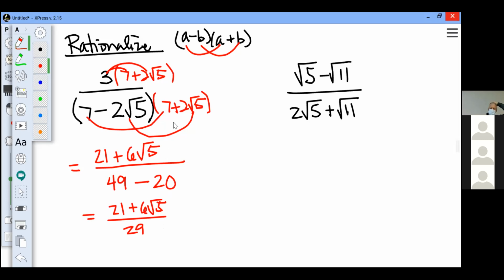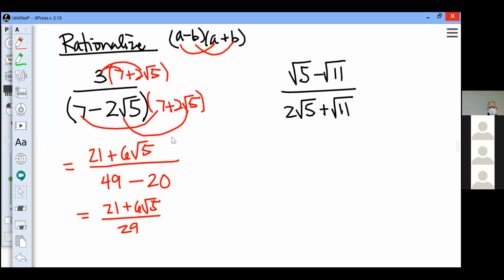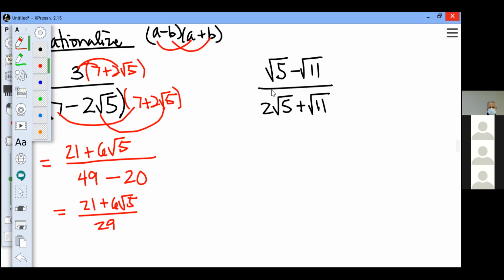Now, this one, same type of concept, but you've got two radicals. The conjugate is again exactly the same, but it's a subtraction instead of an addition. So it's 2 radical 5 minus radical 11.